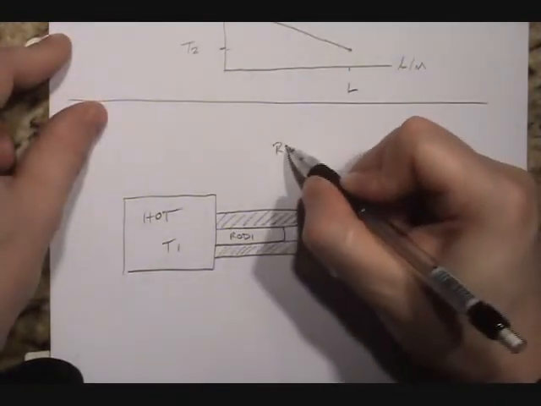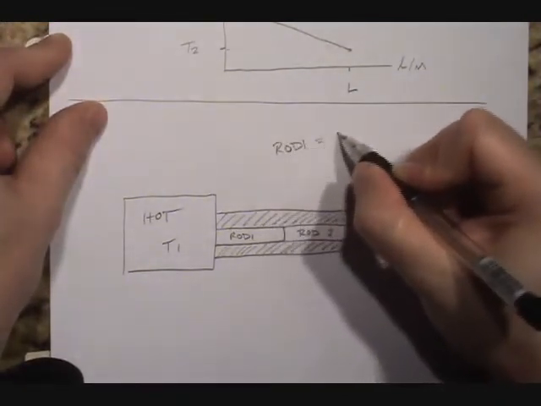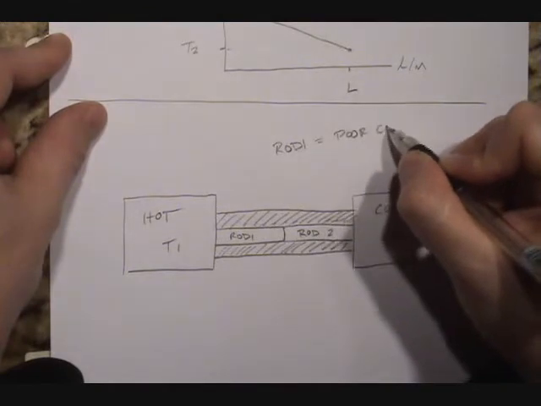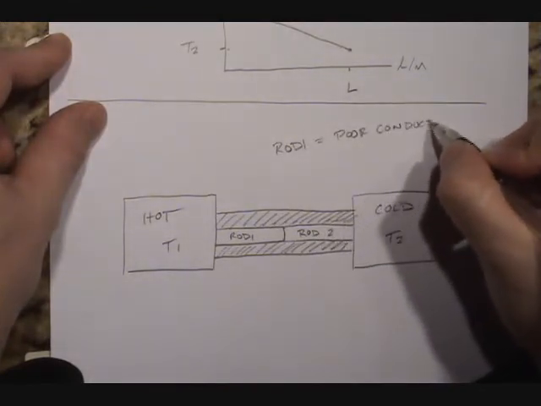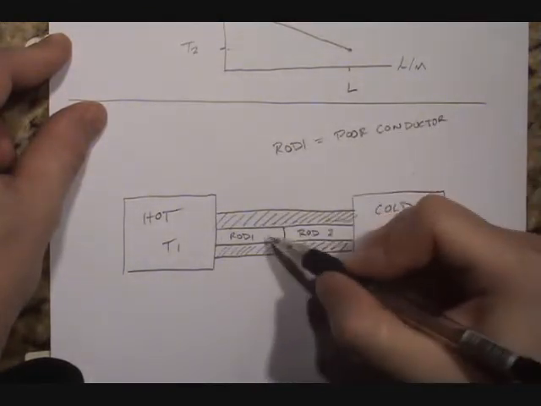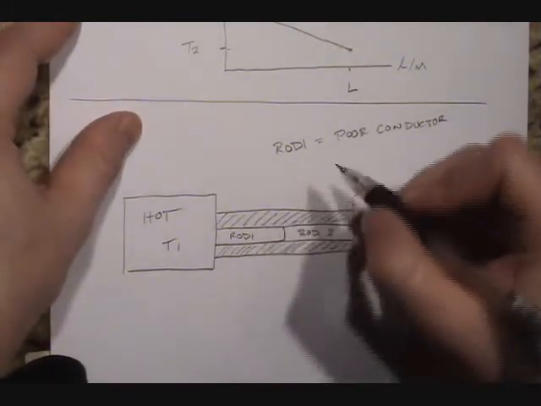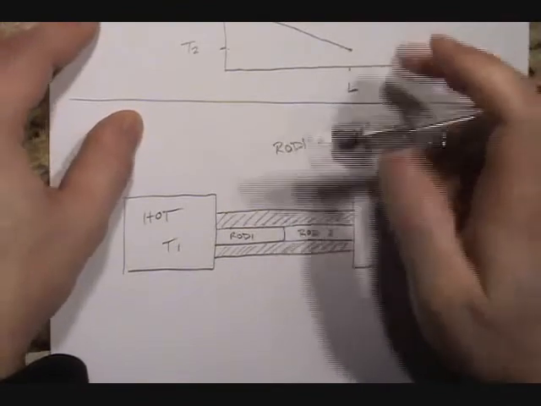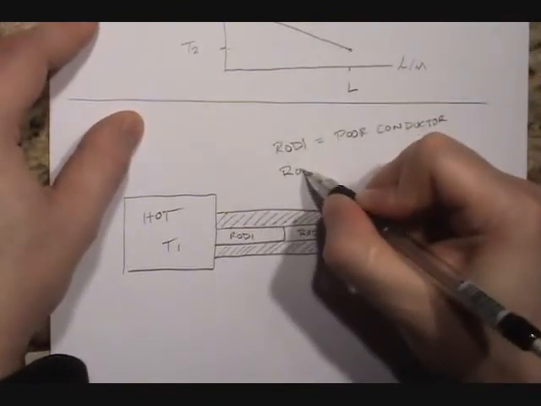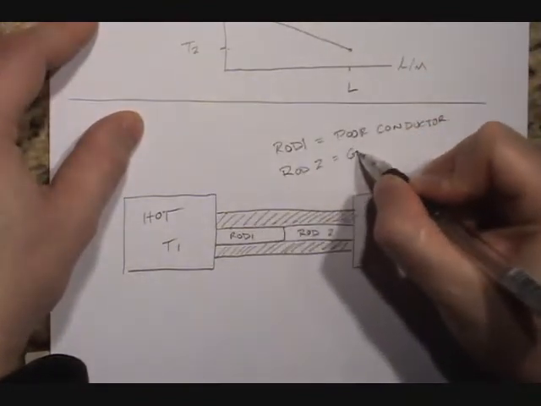Now in this case, let's make rod 1 a poor conductor. Maybe this is made out of plastic or glass or wood or something like that. And let's make rod 2 a good conductor.